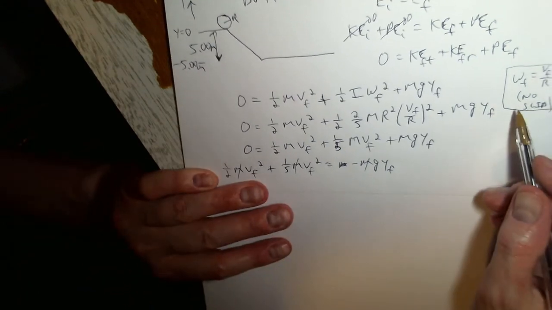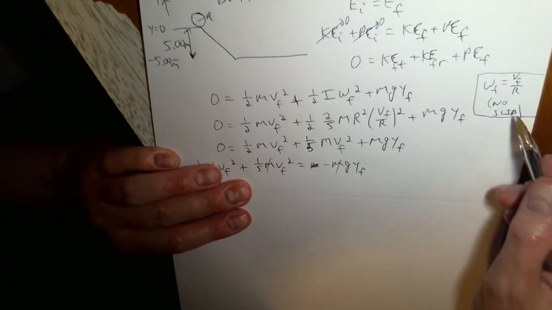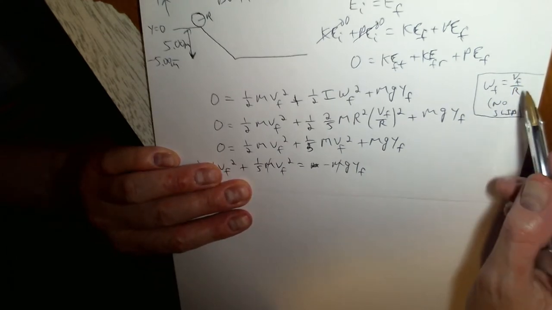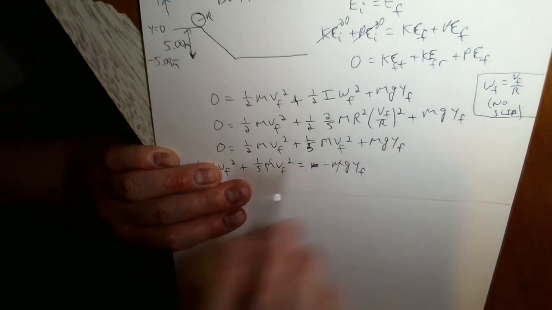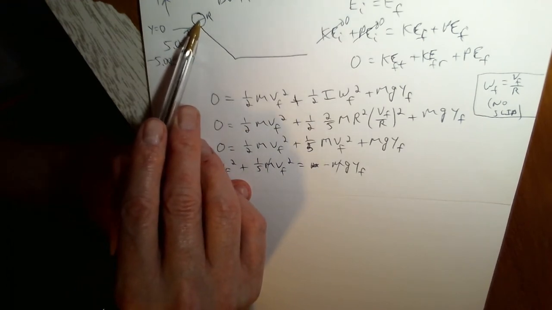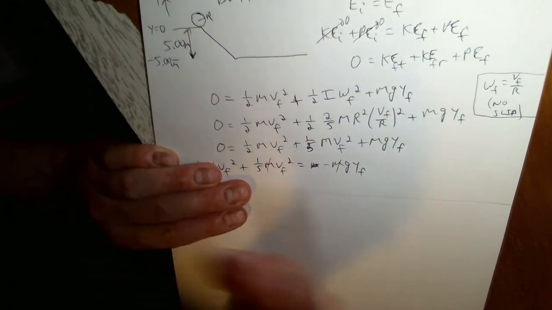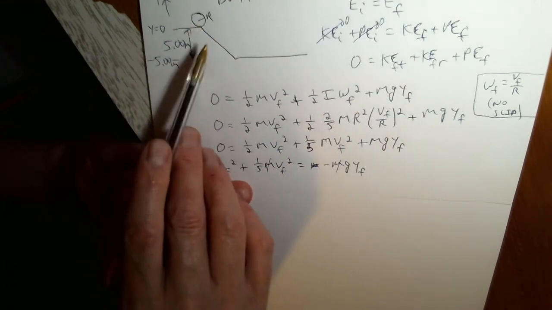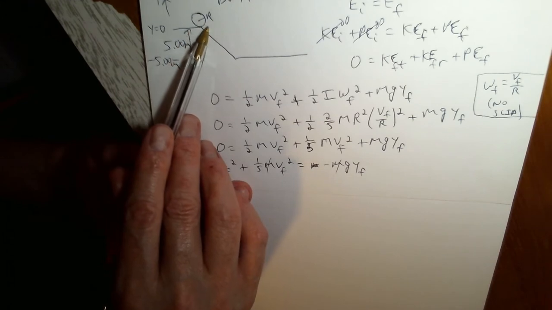Notice, by the way, that this v final that I'm talking about is the final speed of the center of mass, because that's the point in the sphere that's translating. Since it's a uniform sphere, which we assume in a problem like this, the center of it is the center of mass, and that center of mass is moving in a straight line.